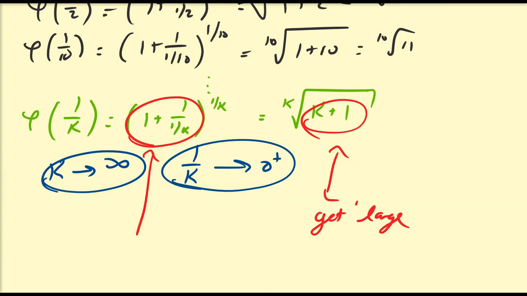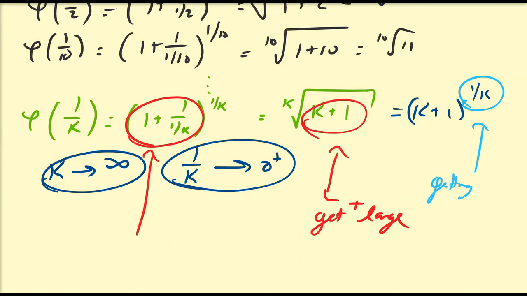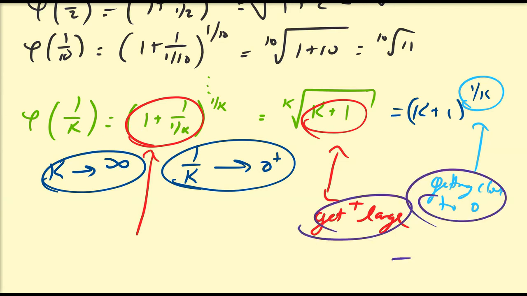In particular, it's going to get positively large. If that is getting positively large, what about the exponent? Well, the exponent, 1 over k, is getting really close to 0. So this expression is getting close to a positive number raised to the 0 power, which we know is going to be close to 1 the closer you get to it. So that means as you approach 0 from the right-hand side, this function is going to get close to 1.